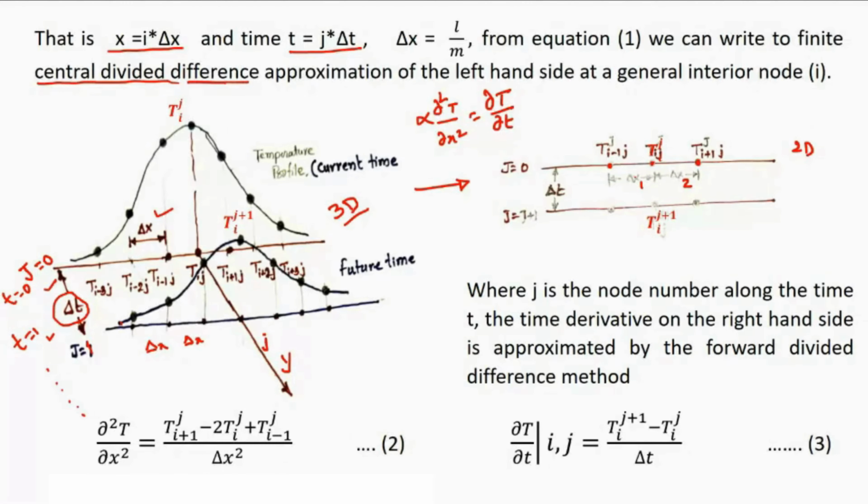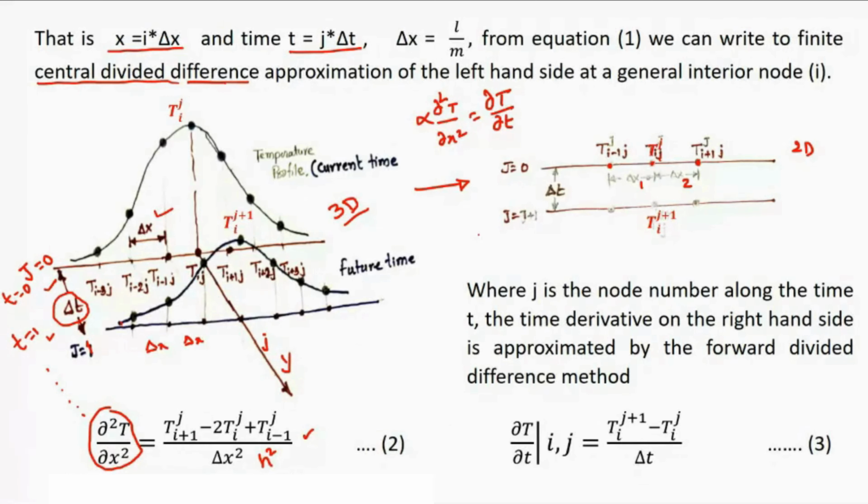On simplification, this equation we have already derived. Using the central divided difference formula we got this equation, and delta x square is represented in the previous equation by h square. These are the different locations of temperatures: location 1, 2, 3.